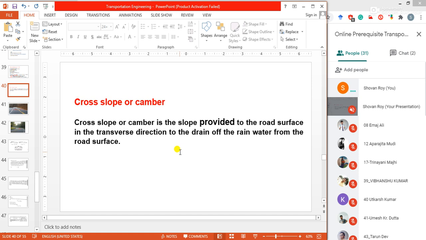So our objective is how can we protect our road from this moisture, because I have already said that the subgrade is the first bottom layer of the road or pavement.